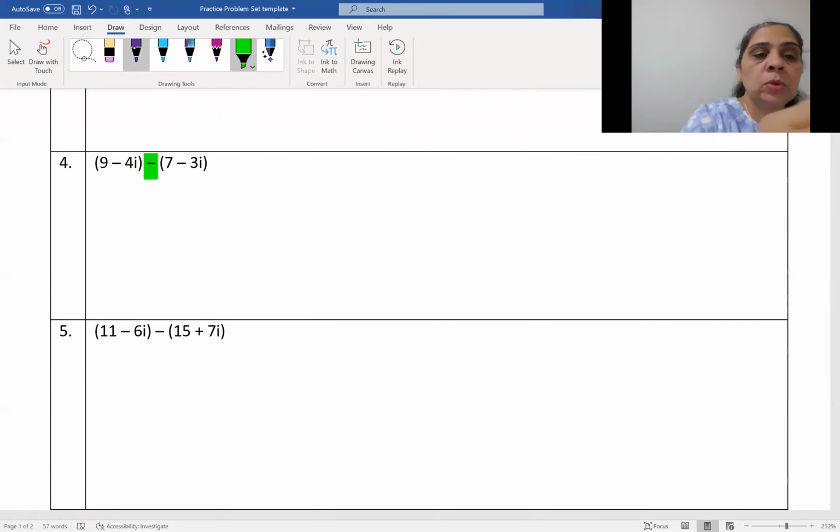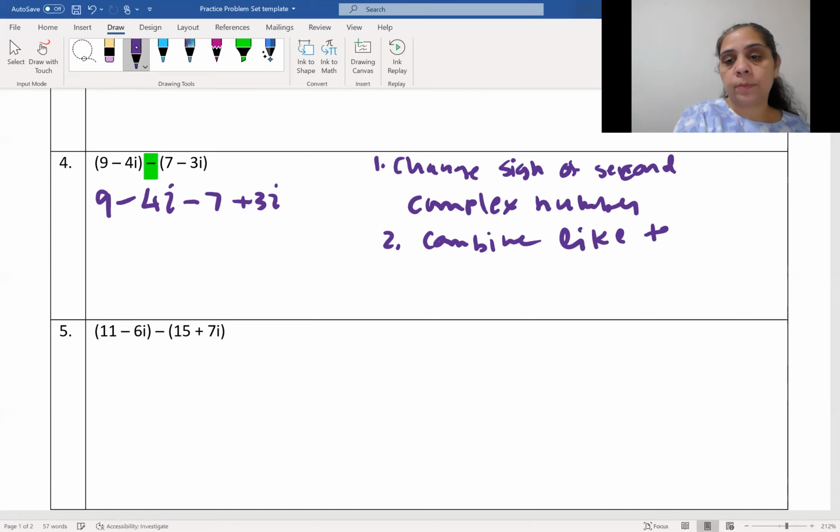So let's do that first. 9 minus 4i, and 7 is positive so it will be negative, and here we have 3i. That is step 1. Step 2, combine like terms. So 9 minus 7 is 2. Negative 4i plus 3i is minus i. And that's it.